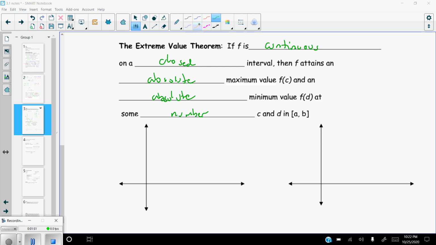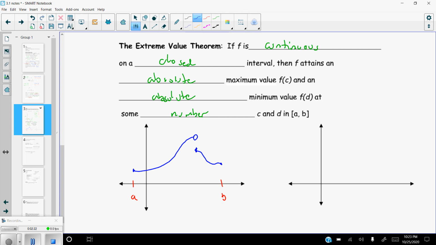Let's say we've got an a over here and a b over here, and let's say our function might look something like this. It goes up to here, and then comes down to here, somewhere in there, something like that.